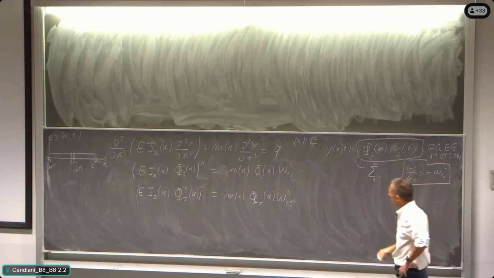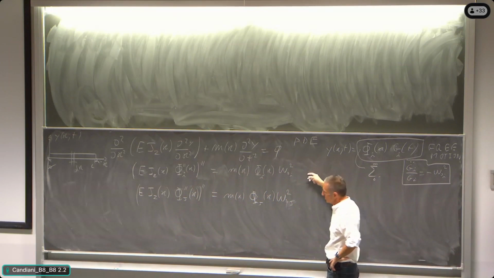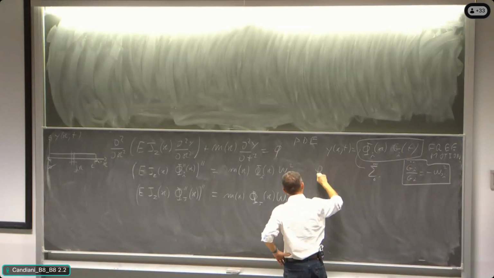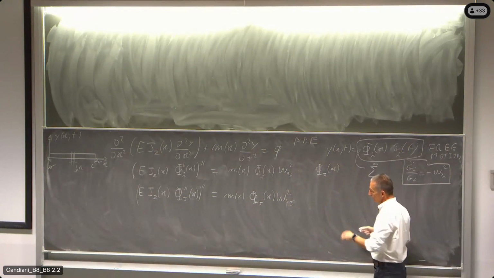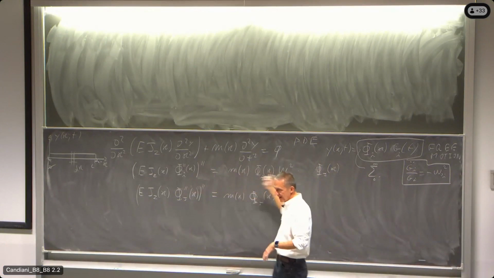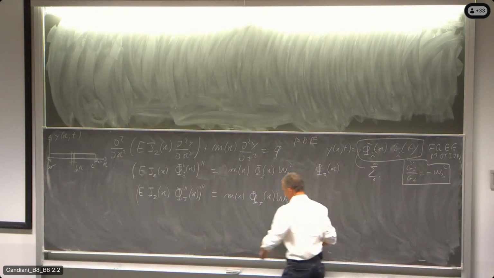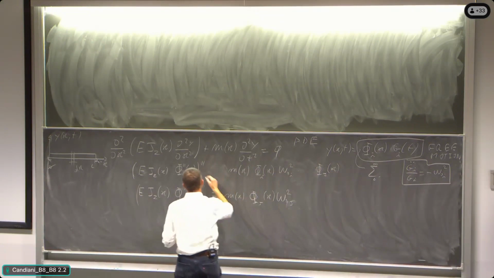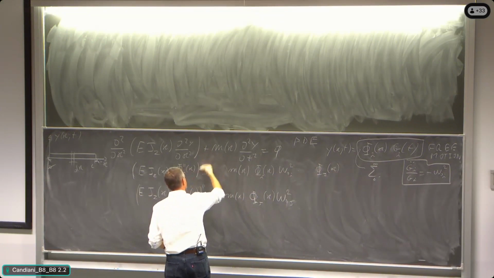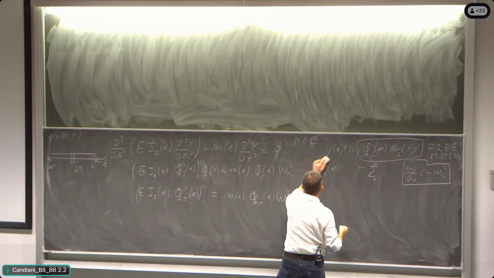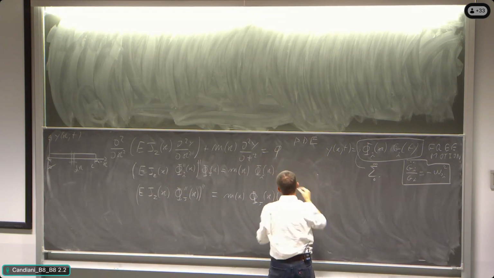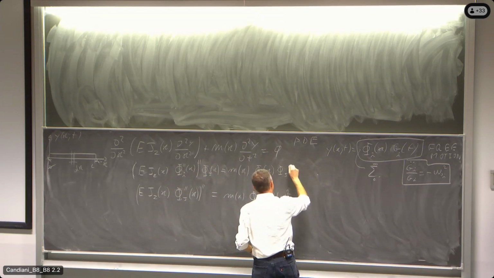Now, what do we do? We multiply the first equation by phi j of x. So we multiply left and right by phi j, and so we write that this is times phi j equal phi j.